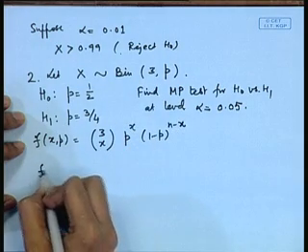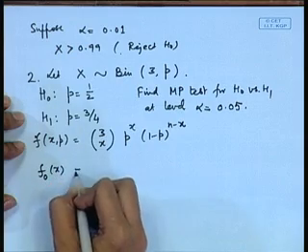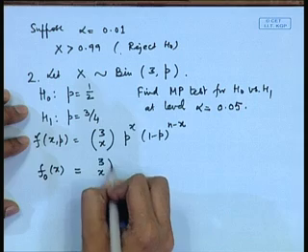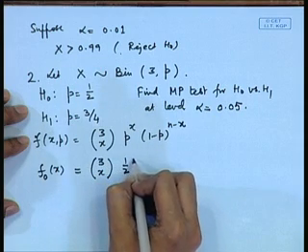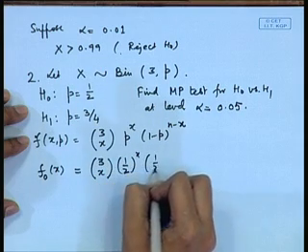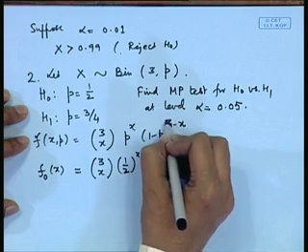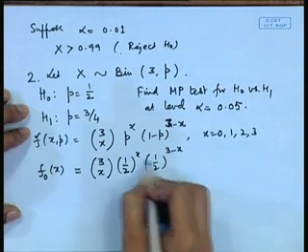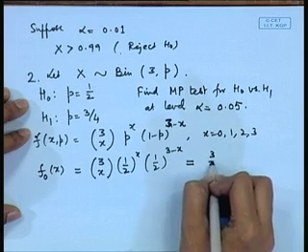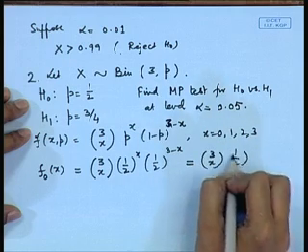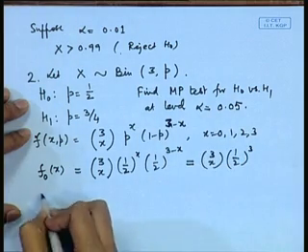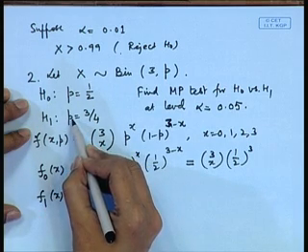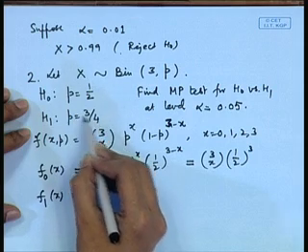We will need the values of f naught x and f 1 x. So, f naught x is the value when p is equal to half, which reduces to 3 c x, half to the power x into half to the power 3 minus x. Here x is equal to 0, 1, 2, 3. So, naturally this is simply equal to 3 c x half cube, whereas f 1 x is the density when the alternative hypothesis is true, that is p is equal to 3 by 4.